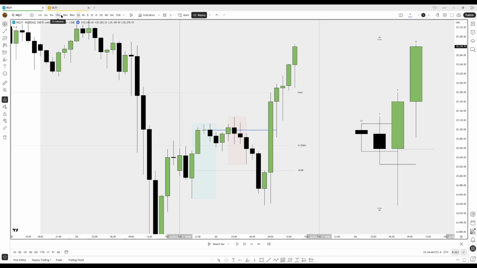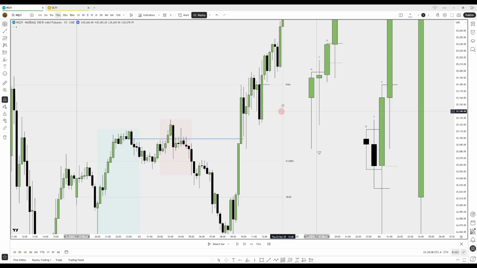Swing, swing, continue up. So what's happening here? The order flow is respecting order blocks. You see the order blocks? The black candles? We're on a bullish trend, yeah? Yeah, we're bullish.